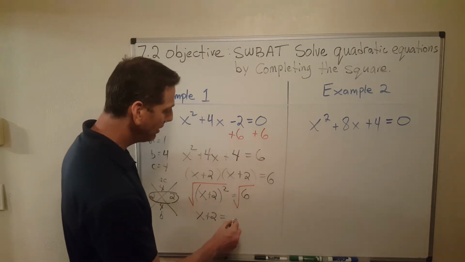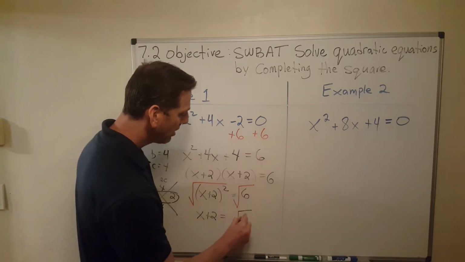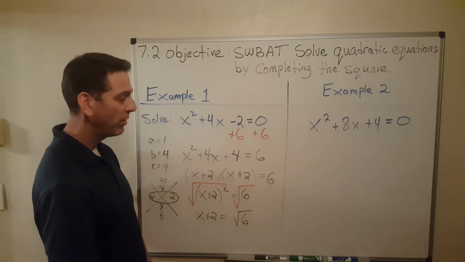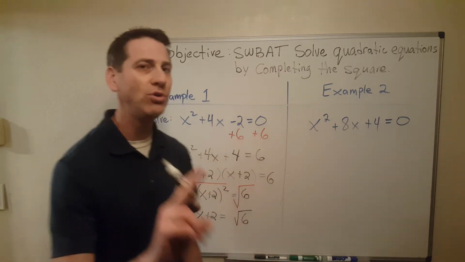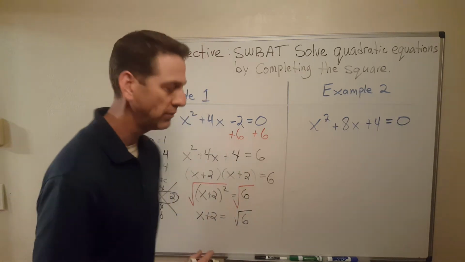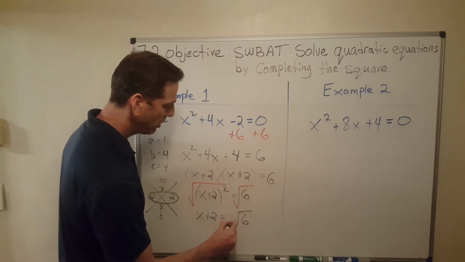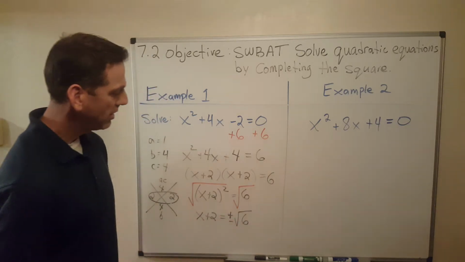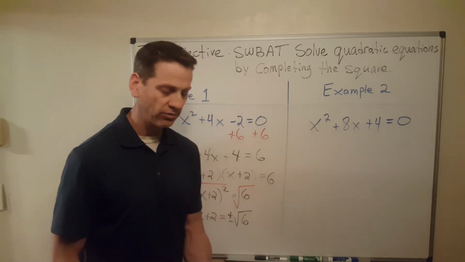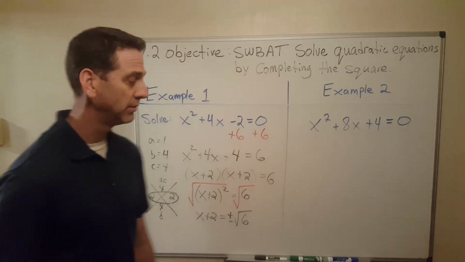Okay, so here's what we're going to do. We're just going to leave this under the radical, but remember that all positive radicands have two real number solutions, plus or minus. All right, so x plus 2 equals plus or minus the square root of 6.